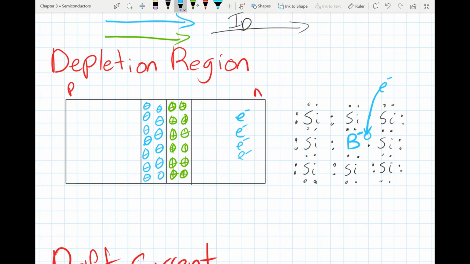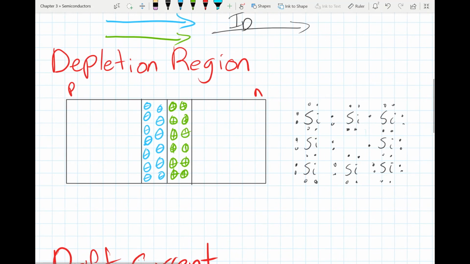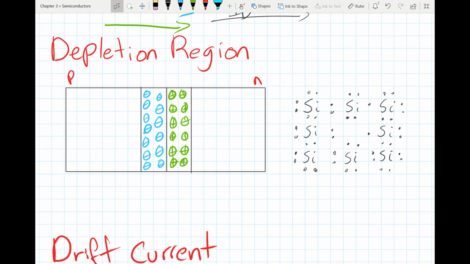Then some interesting things happen after we have these bound charges there. We're going to forget about the image on the right now. Here on the left, as you can see, we have a positive charge on one side and a negative charge on the other side. This creates an electric field going from positive to negative.